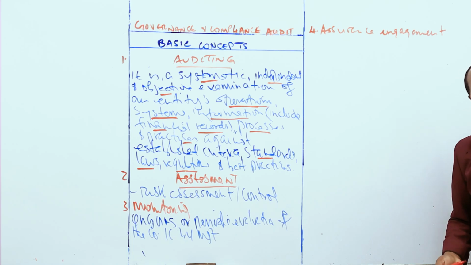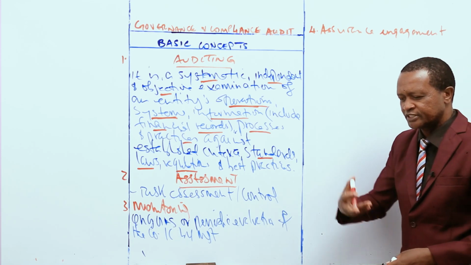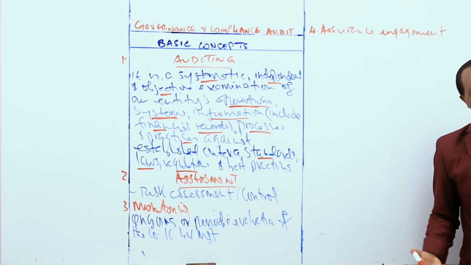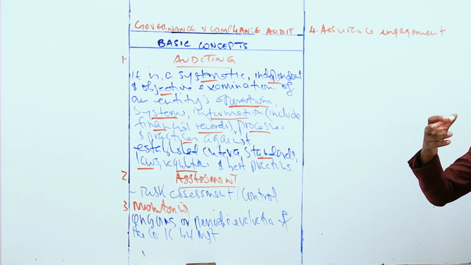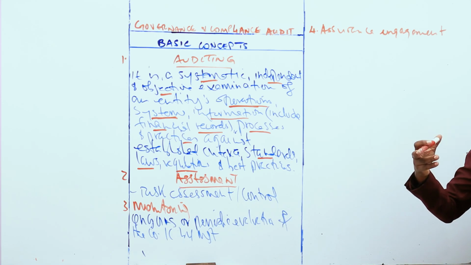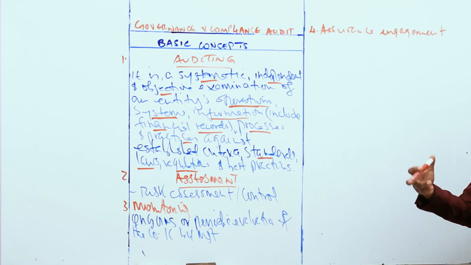Now, an assurance engagement is an arrangement or an engagement in which a practitioner expresses a conclusion designed to enhance the degree of confidence of the intended users, other than the responsible party, about the outcome of the evaluation or measurement of a subject matter against a criteria.